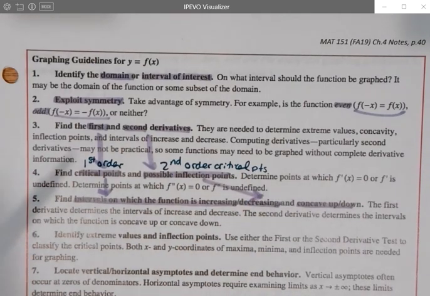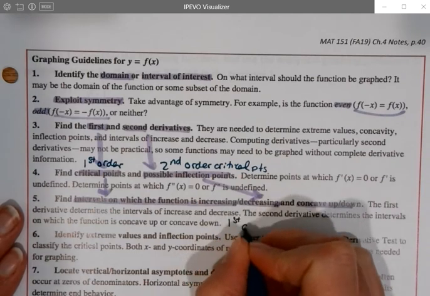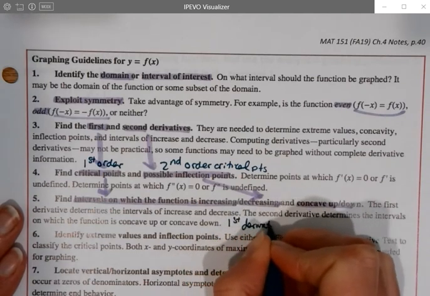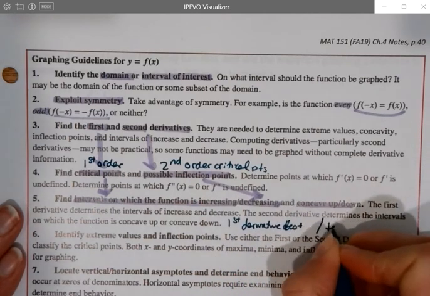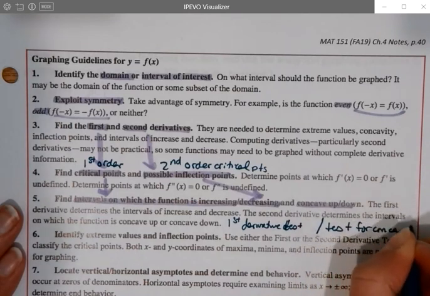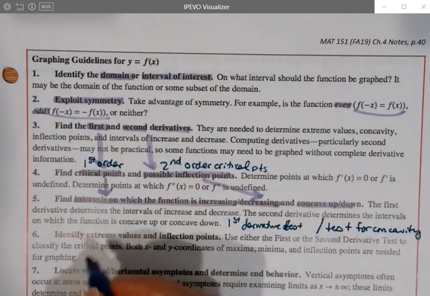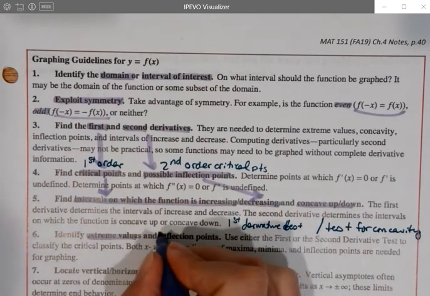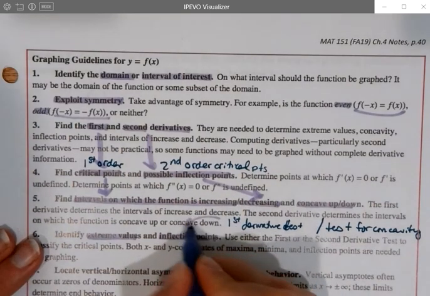And so this is going to be the first derivative test and the test for concavity. Then the next thing would be to use those tests to classify your extreme values and inflection points, if you have any. So that's again the results of those two tests.